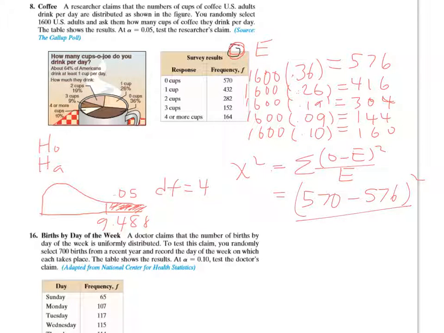Okay, and then I'm going to have to make 5 of these in chi-square. So I'm going to put plus, plus, the last one is going to be 164 minus 160 squared over 160. And when I take those 5 things and add them up, we will have our chi-square statistic.